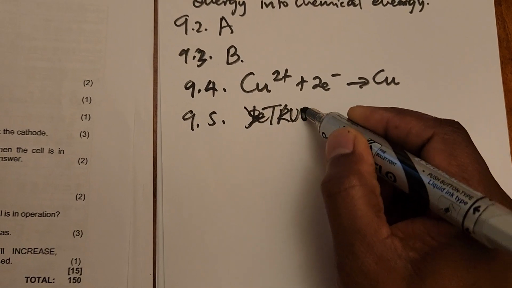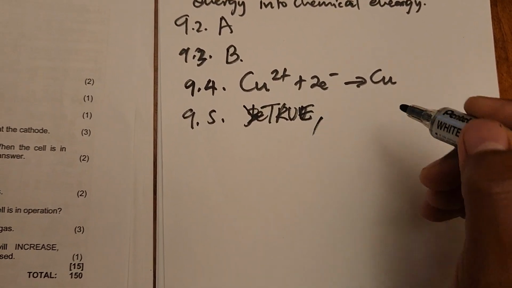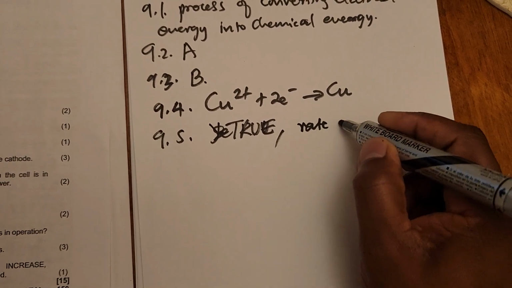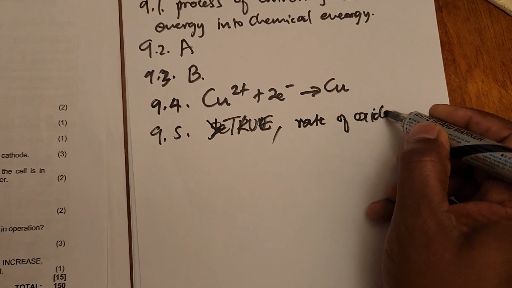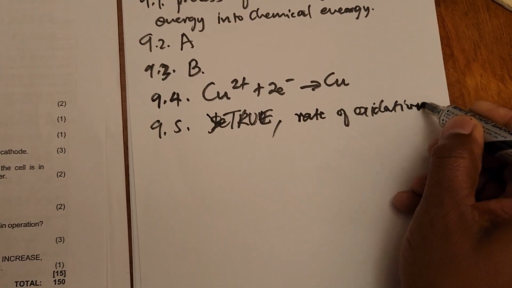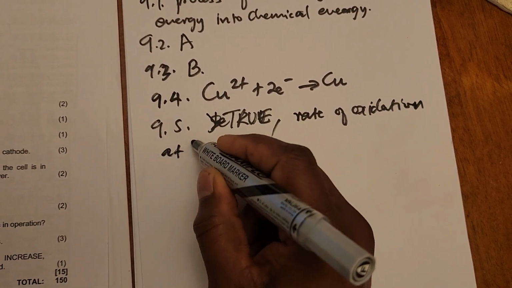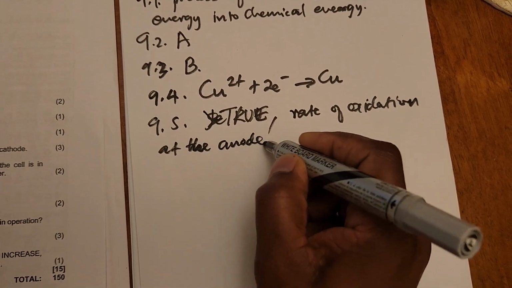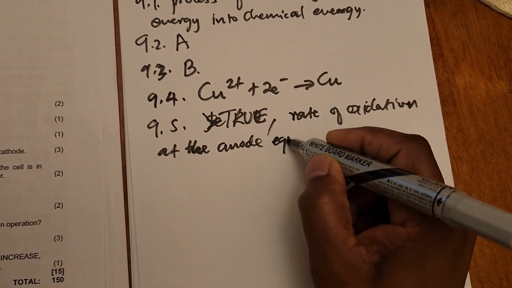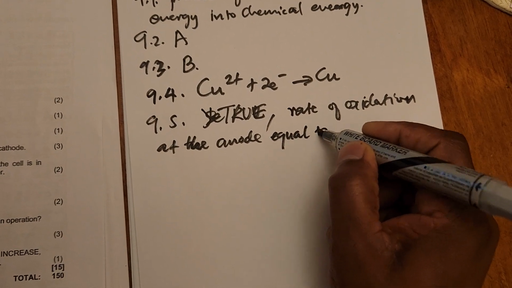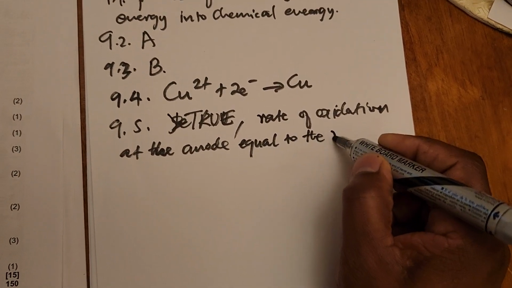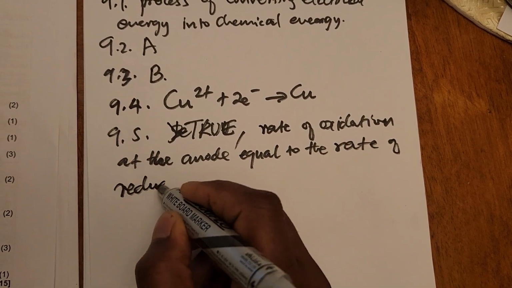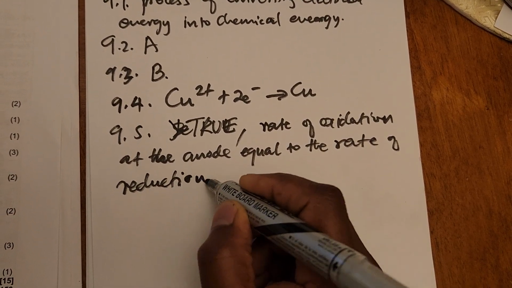And then explain. Remember, we said it's because the rate of oxidation at the anode, if you want to be explicit, is equal to the rate of reduction at the cathode.